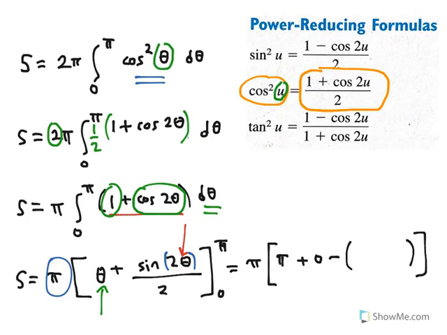Minus, we will now evaluate our antiderivative at the lower limit of integration. Replace theta with 0, plus replace theta here with 0. Sine of 0 is 0. 0 over 2 is 0. So that gives us pi times pi, or pi squared, square units.